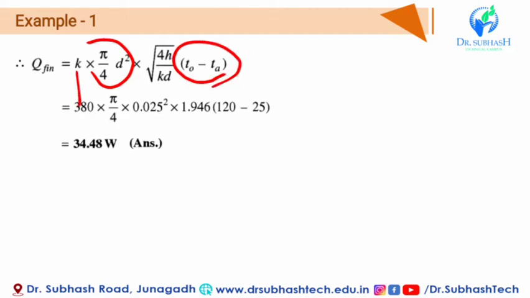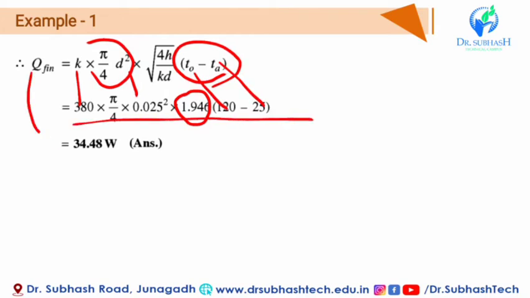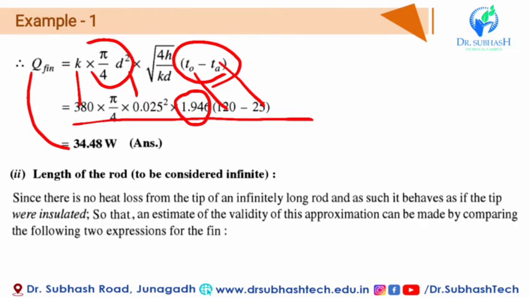Here k is 380, pi by 4 times the square of the diameter, and the already calculated value of m, 1.946, with the T0 and TA temperatures. By the calculation we get the value of Q fin, or heat loss from the fin, equal to 34.48 watt. That is our first answer.